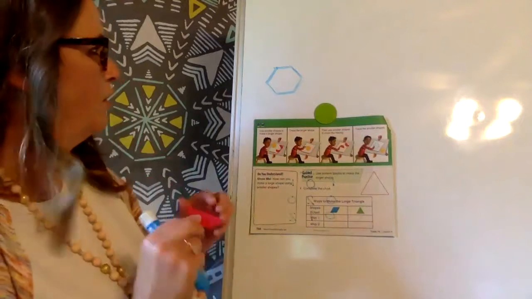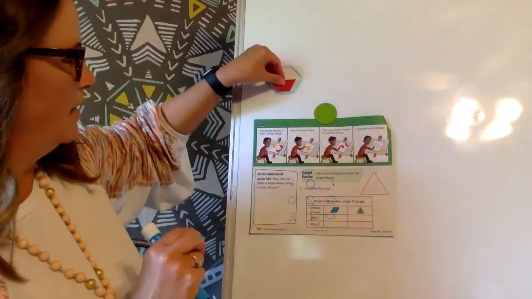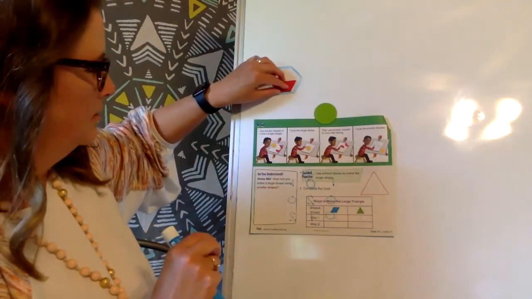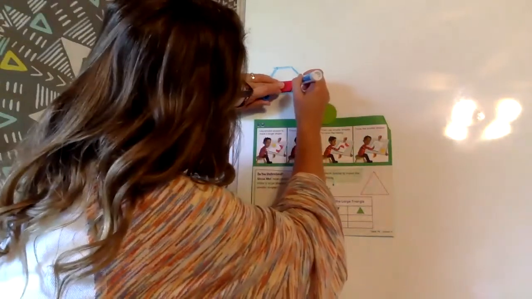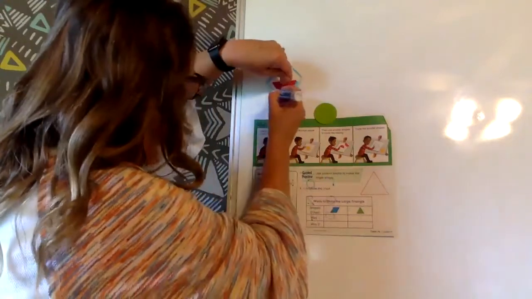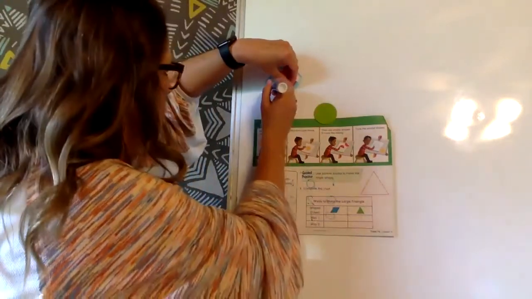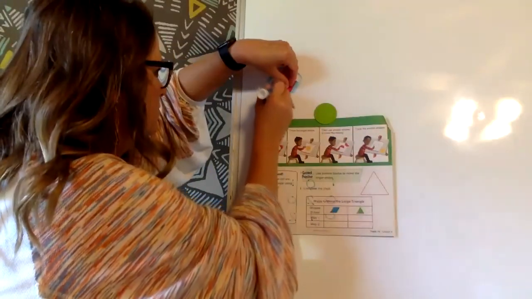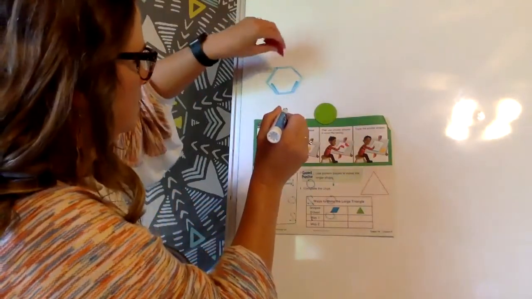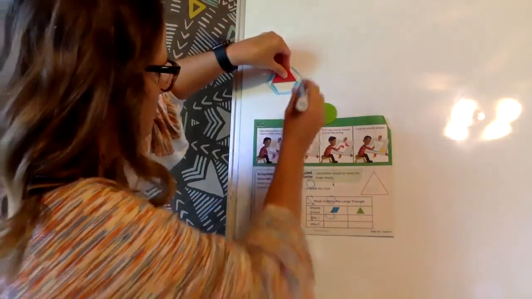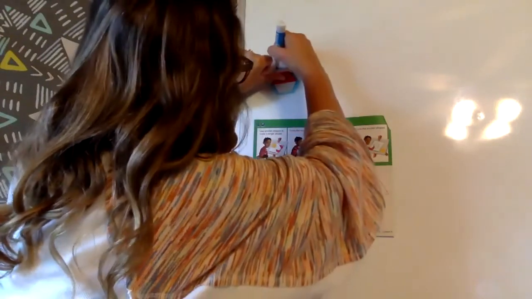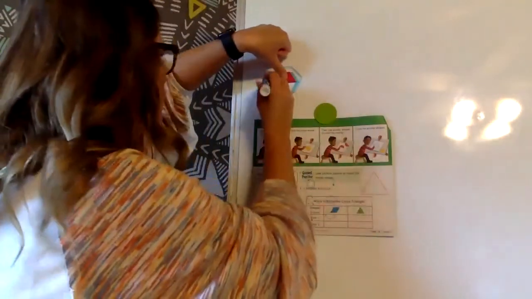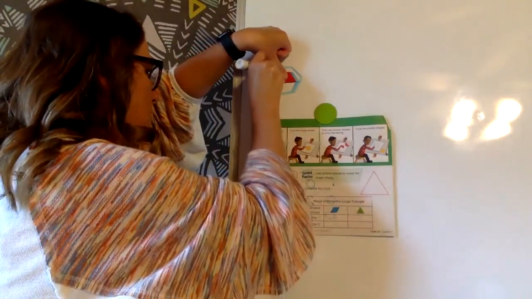Now he has 2 of these red ones. If I had drawn my shape the exact same size, I may be able to go back and do that. It's a little tedious.